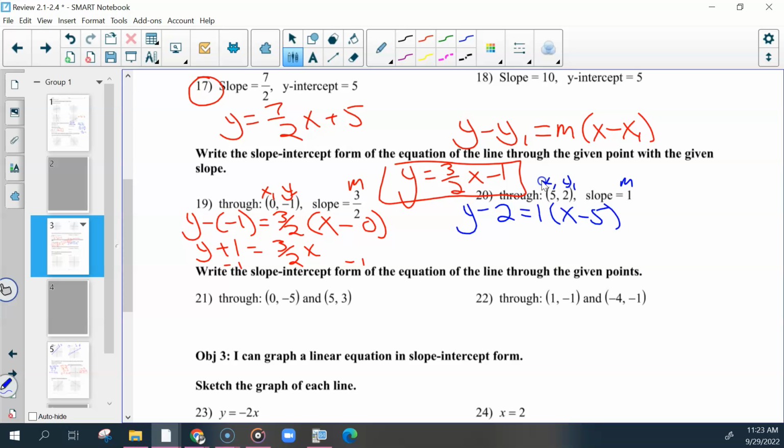Then we can distribute. So y minus 2 equals 1x minus 5. Get y by itself by adding 2 to the other side. So our equation is y equals 1x, or just x, minus 3.